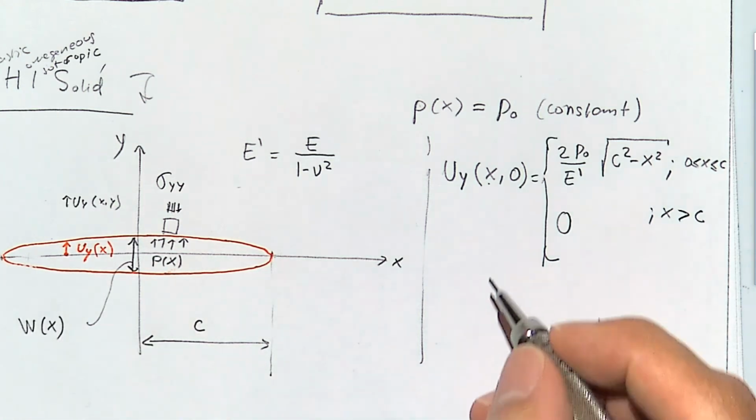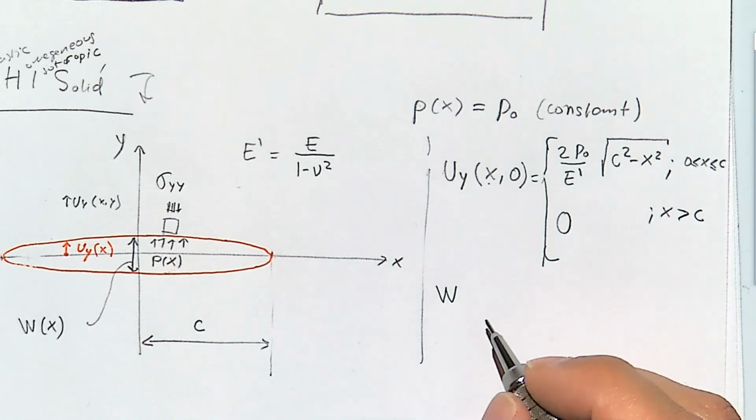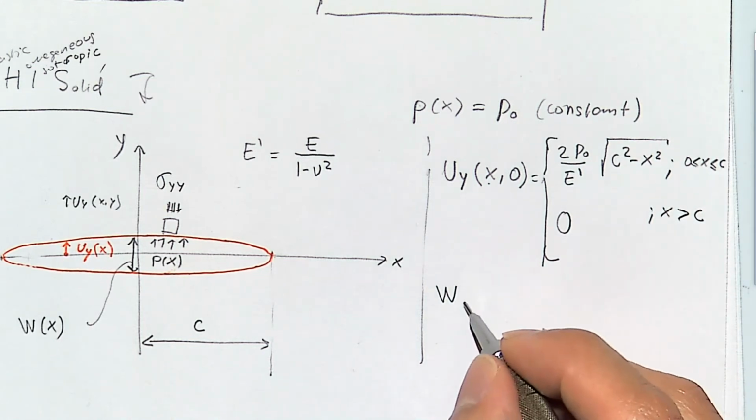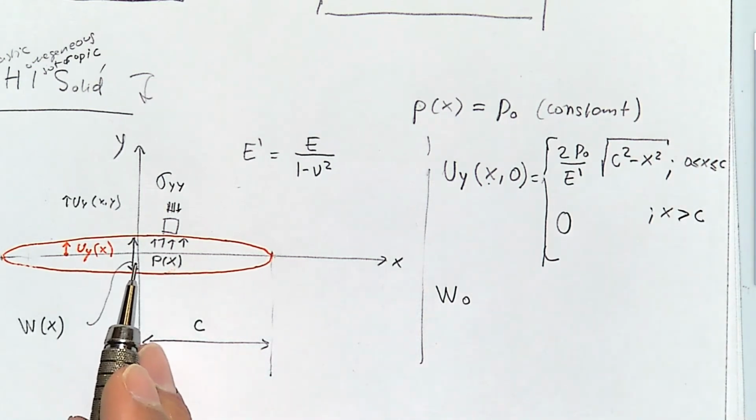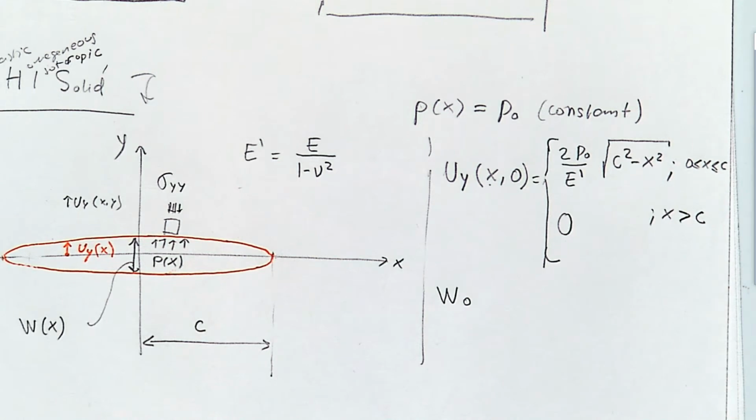And for this particular case, for constant pressure, the width at the center of the fracture is going to be the maximum, and we're going to call that W naught, and that's going to be equal to what?